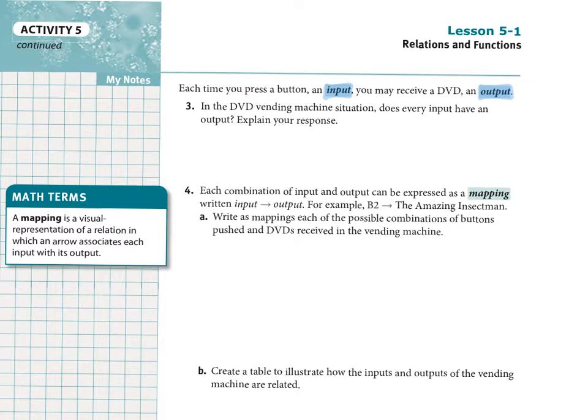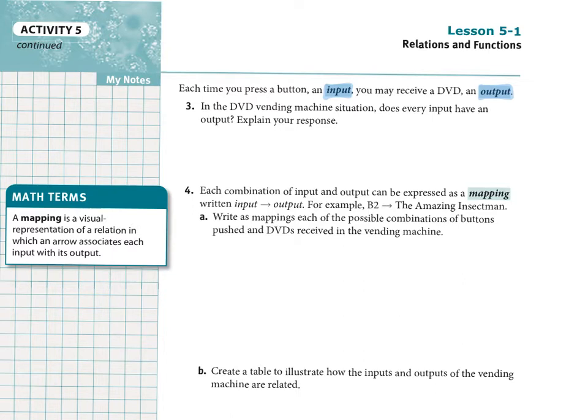So number 3 says, in the DVD vending machine situation, does every input have an output? So I want you to go ahead and look back at our picture from the previous page and think about, does every single button have a DVD that comes out? What do you think? Did you get to look back at button B1 specifically? If we look at B1, we can see that, oh no, it says it's sold out.